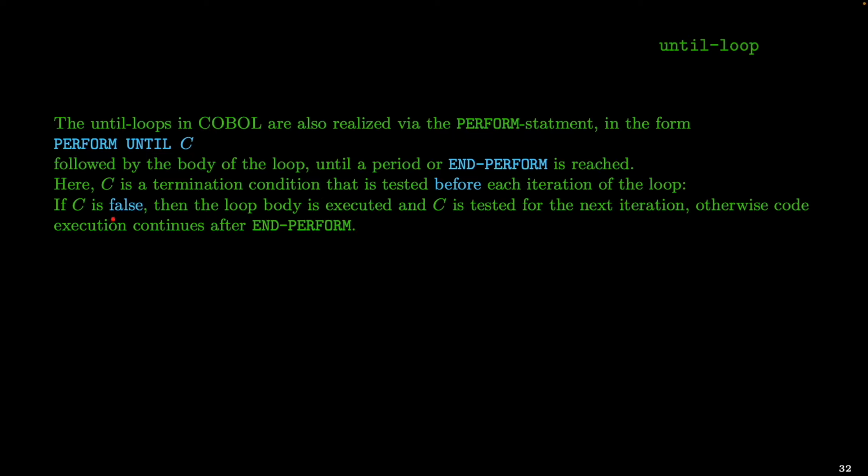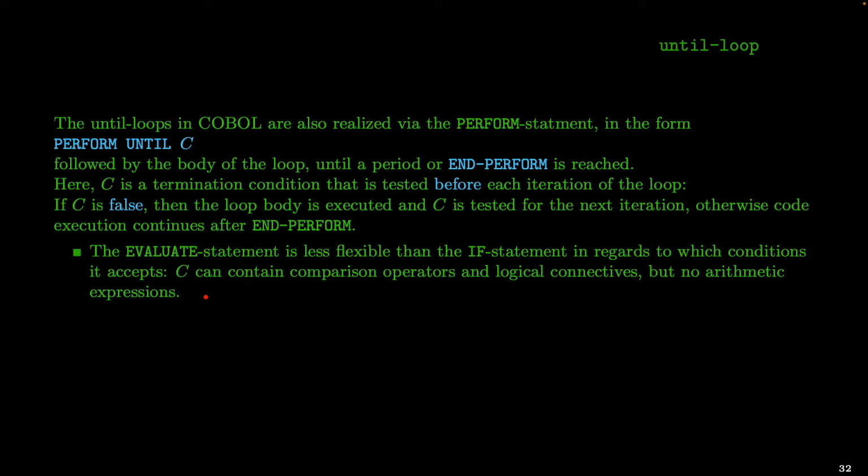So as long as C is false, the loop will be executed, and before each iteration C will be tested again. And if at some point C becomes true, then we will continue with the code after the end perform statement.